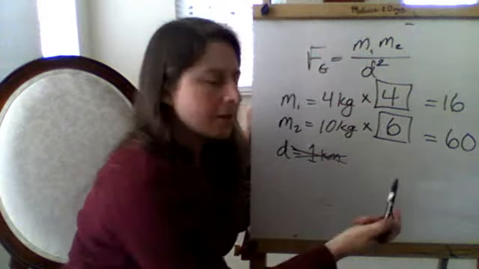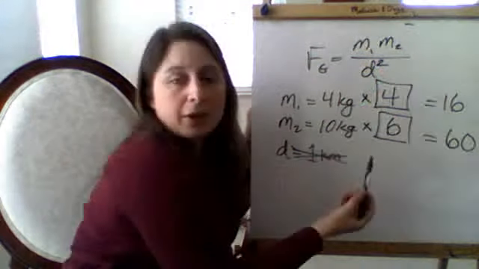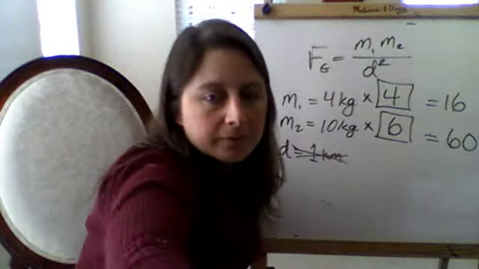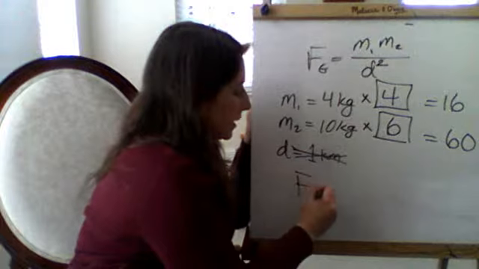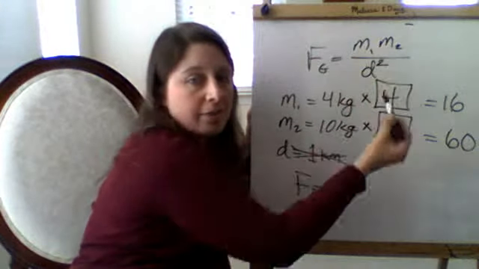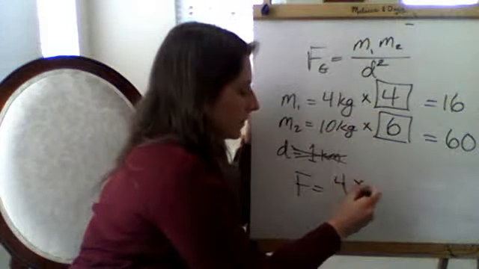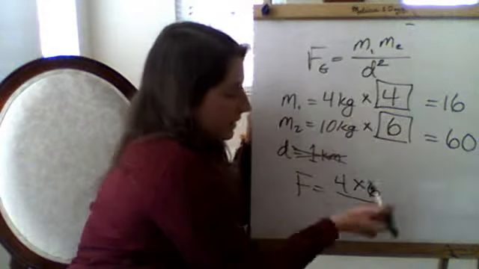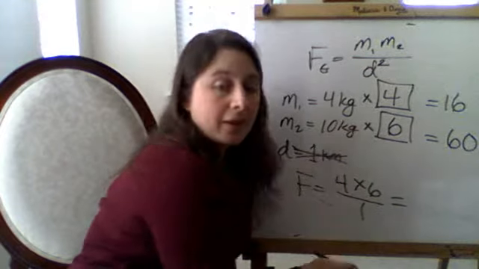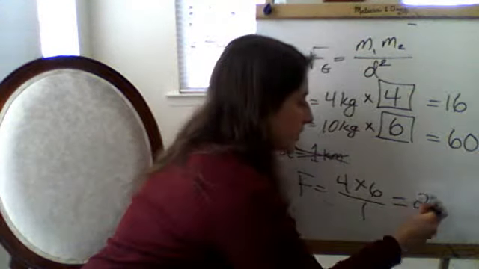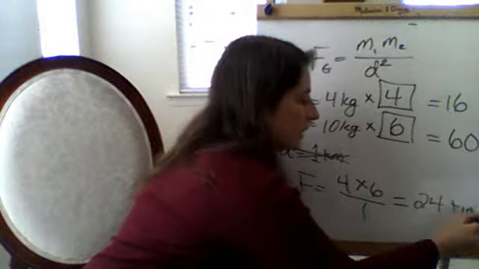So then I just plug into my equation, simply plugging in the factors of change. The force equals the factor of change for the masses, which is 4 times 6, and the distance doesn't change, so I don't worry about that. So the force changes by 4 times 6, which is 24 times.